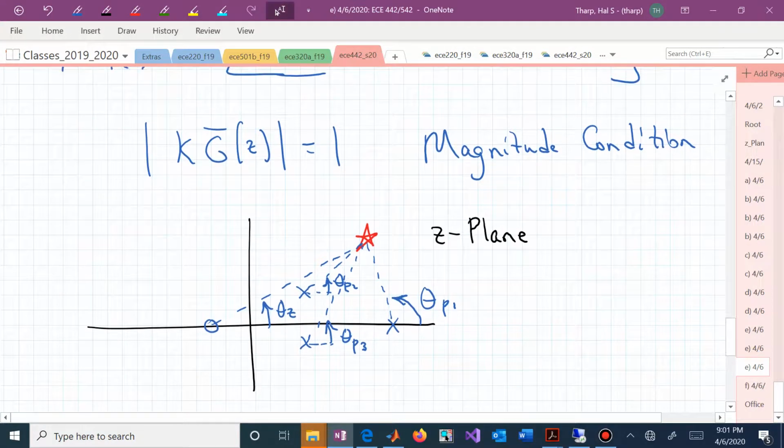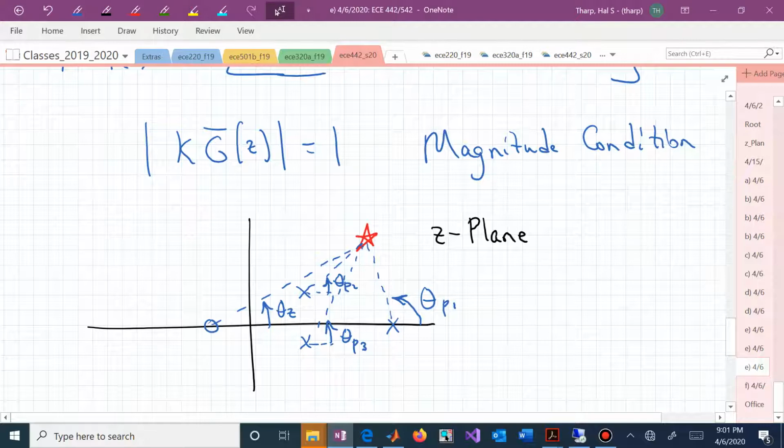Suppose that somebody says, we have these 3 poles, 2 are complex conjugate, 1 is real, and we have a 0. We want to find what is the angle determined or created by that combination of poles and zeros at that location star in the complex z-plane.